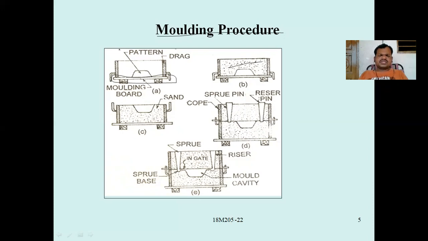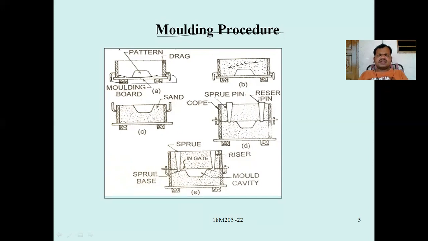Next we have two pins, that is locked for open draw box. They are supporting so that the place cannot be disturbed, so they can hold it tightly. So this remaining space they are filled with the sand. So this is a pattern.